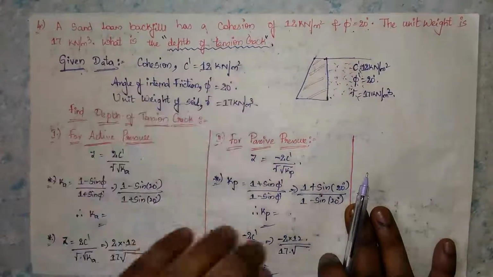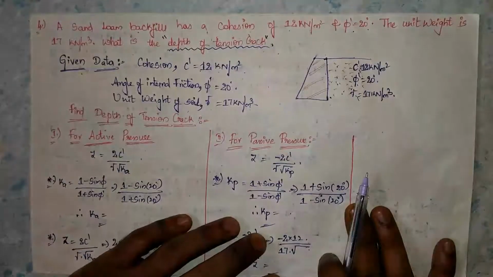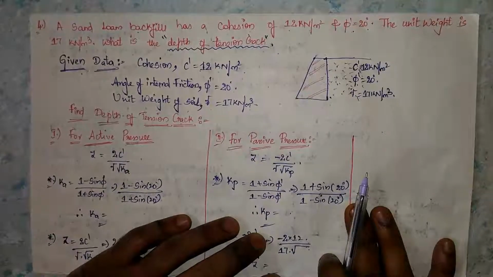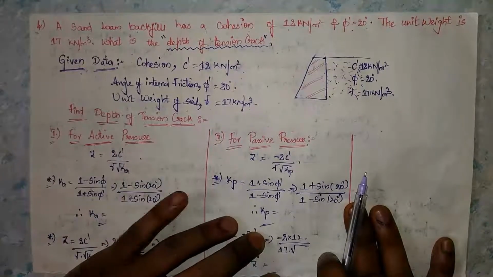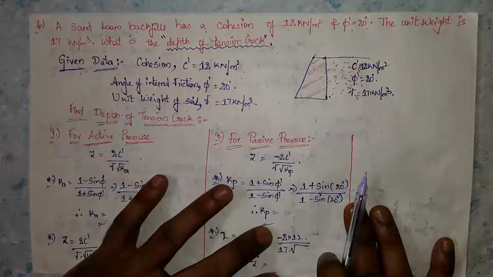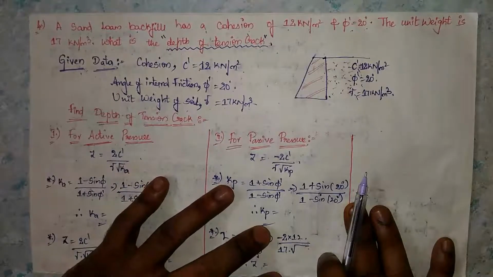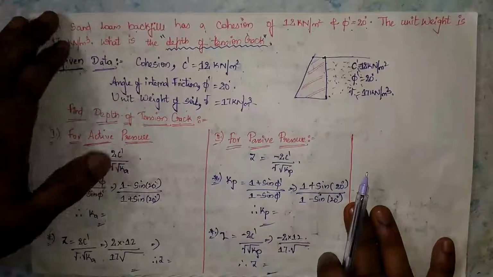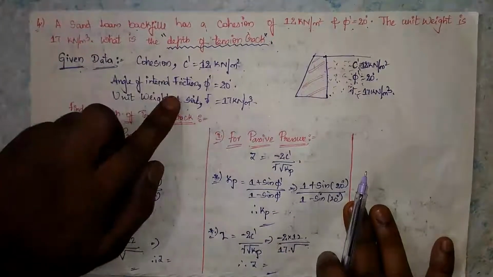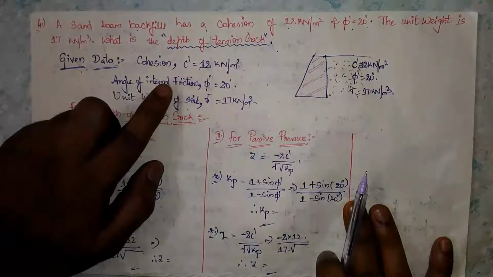The depth of the tension crack is the height at which the active and passive pressure reach the failure condition. So we have to show the failure condition by the pressure distribution formula. The formula is nothing but we have to use Rankine's theory.